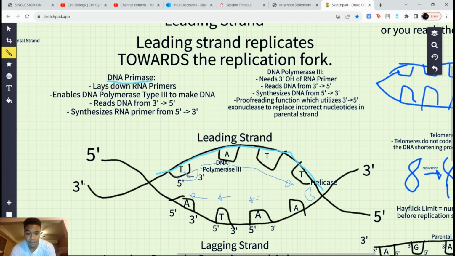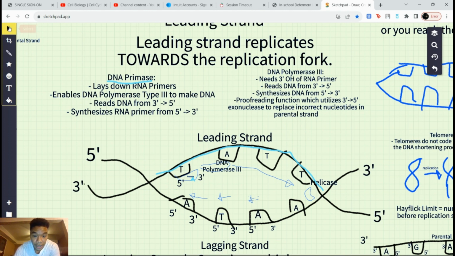Basically throughout replication. So what primase does is like, okay, that's the only thing we need. I'm going to stick on the first RNA primer, not DNA, and get you started. So DNA primase, which is here, as we see, the 3', 5' on the right is the leading strand, or the parental strand.